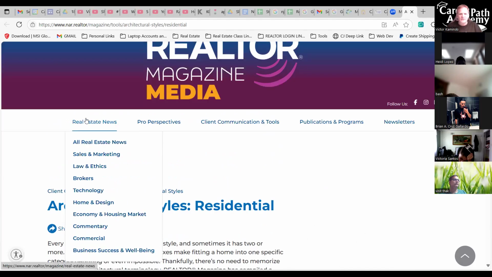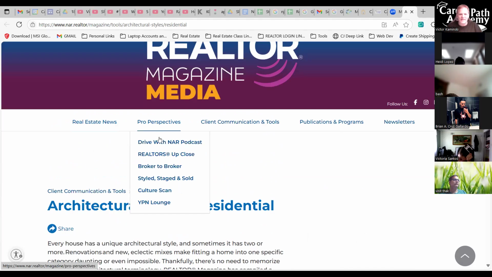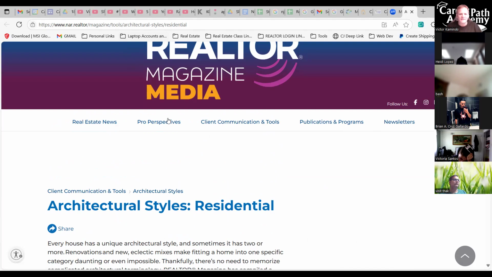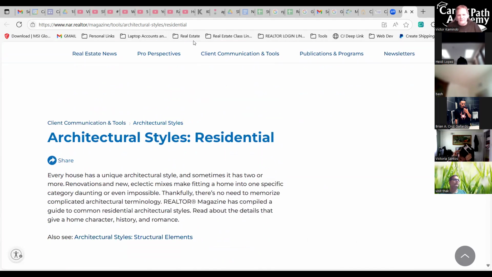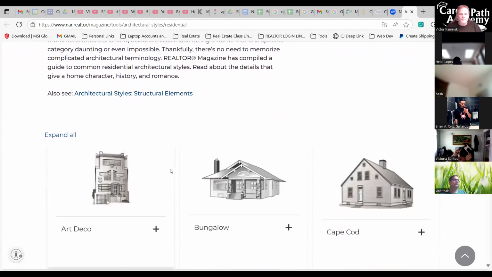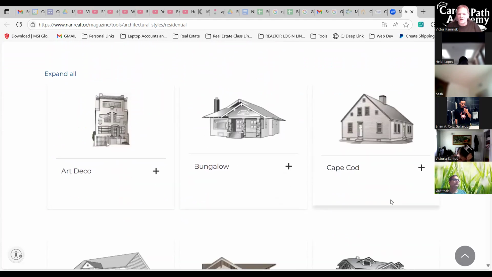So you got all kinds of real estate news, laws, ethics, all kinds of information you could get access to. Real estate scripts when you're calling people or talking to people, client education, handouts, publications, all kinds of good stuff like that. But either way, here we got the architectural style guide. And they show you some different types of architectural styles.